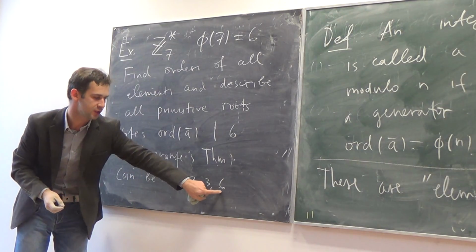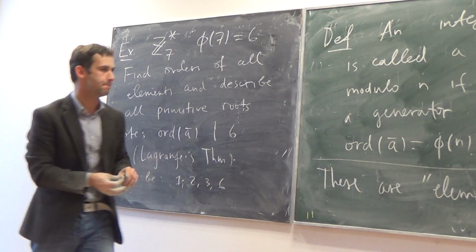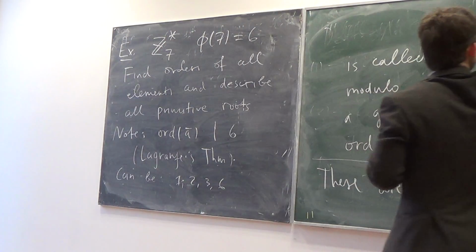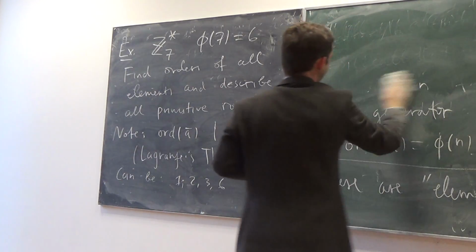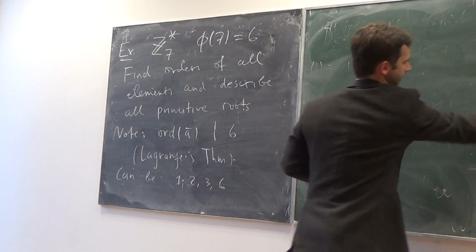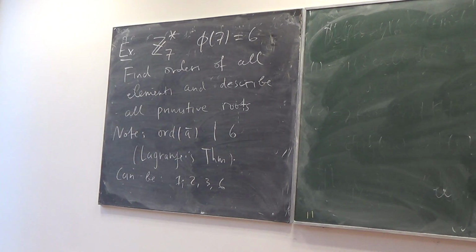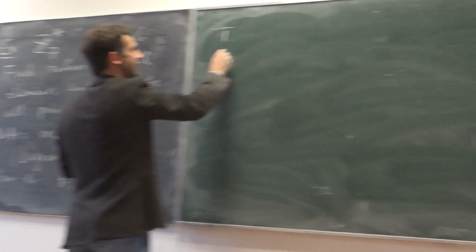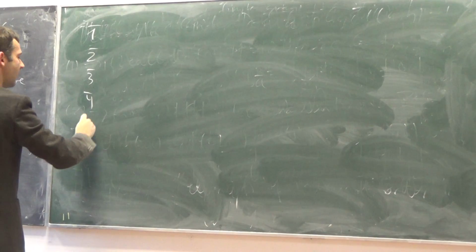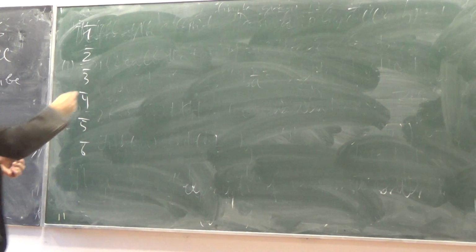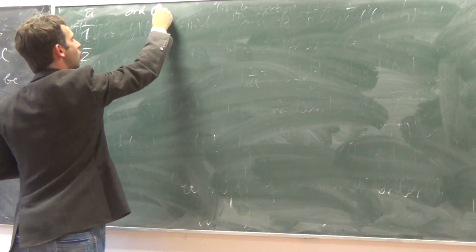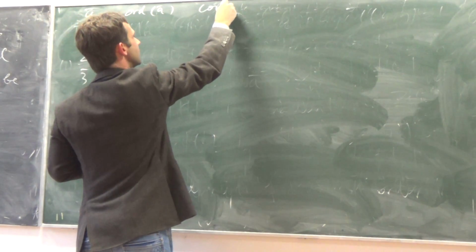And among them, primitive roots will be of maximal order. Okay, so that seems quite a nice thing to compute. So let's list the elements 1, 2, 3, 4, 5, and 6. This is the a bar. Now let's put the order of a bar, and here put some computations.